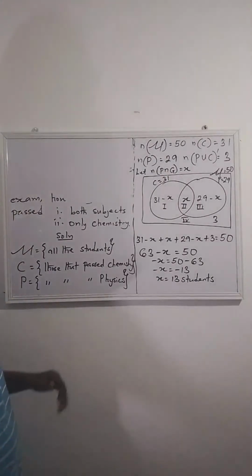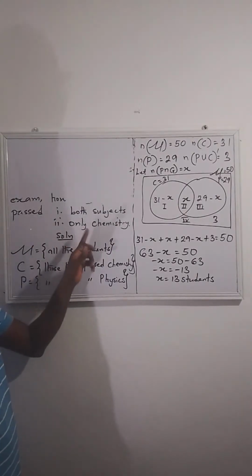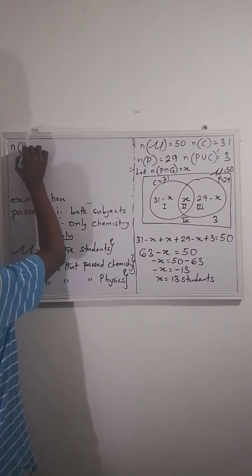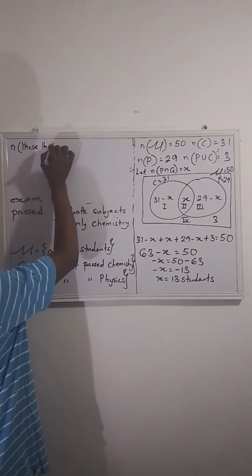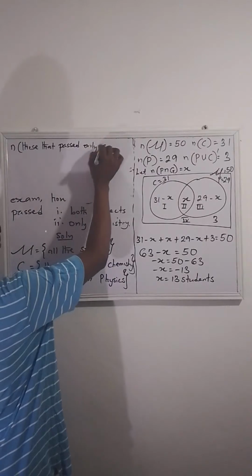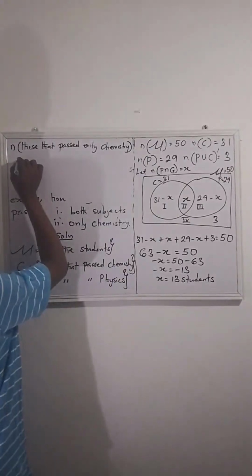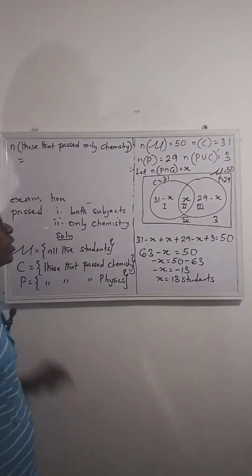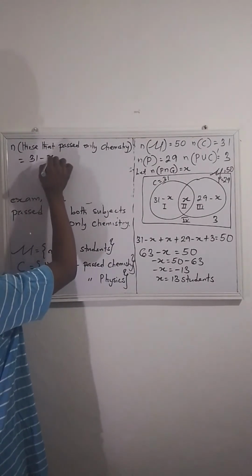Okay, so now, how many students passed only chemistry? I'm writing: the number of those that passed only chemistry will be 31 minus x.